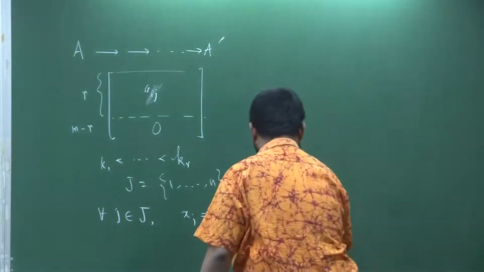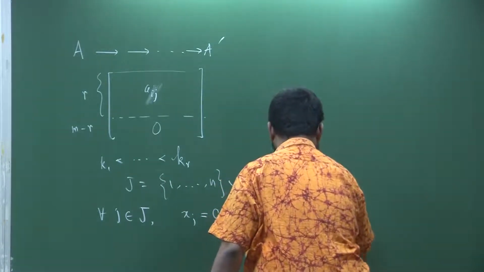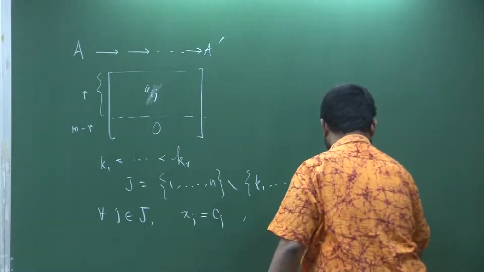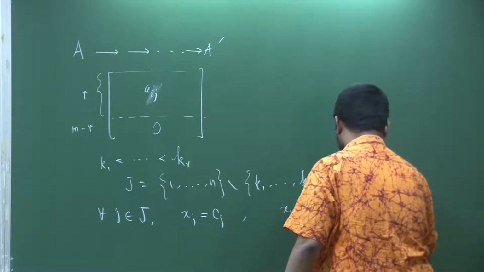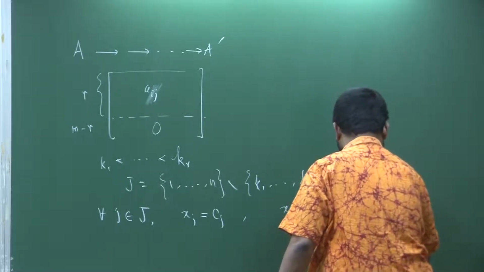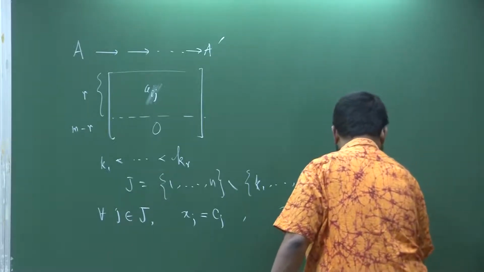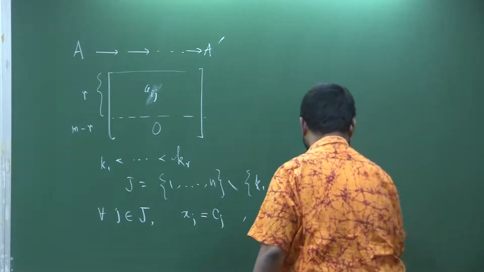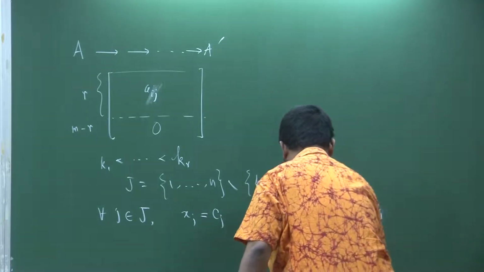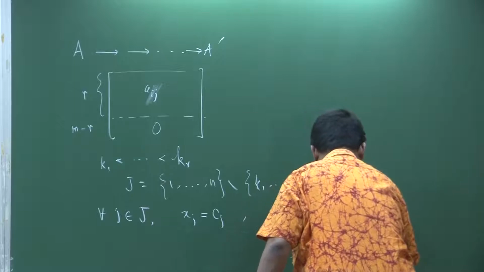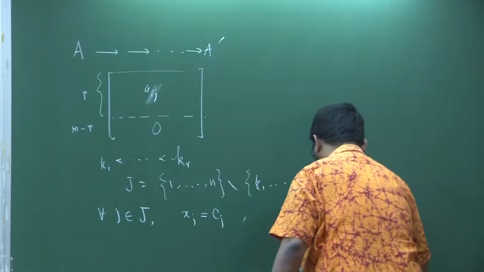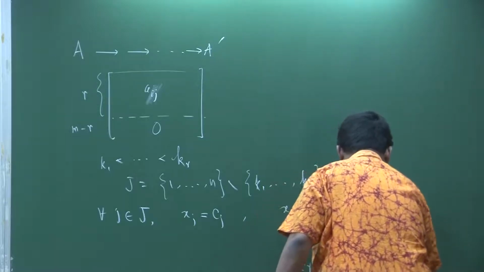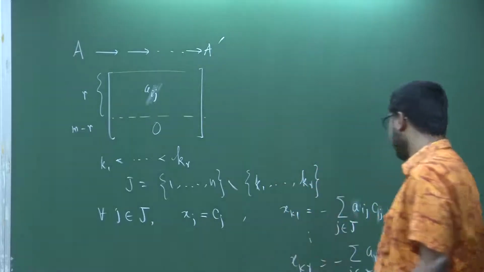This is done by the following equations: xk1 becomes minus the sum over j in J of a1j Cj. Similarly, xkr will be minus the sum over j in J of arj Cj.